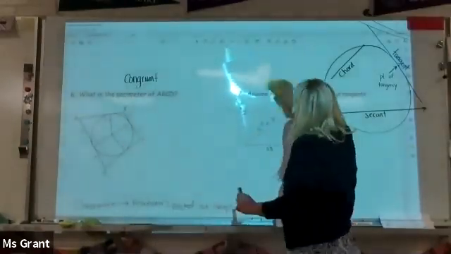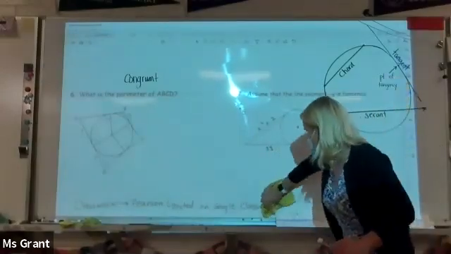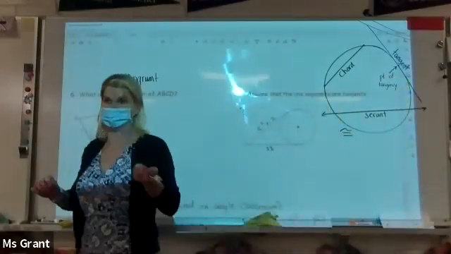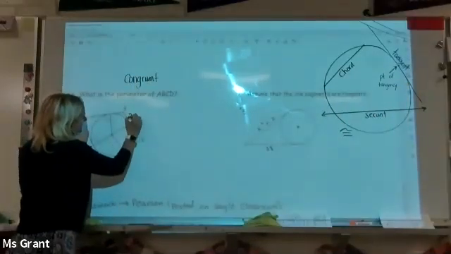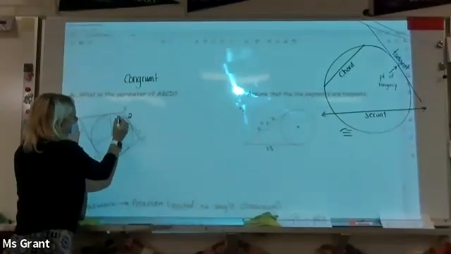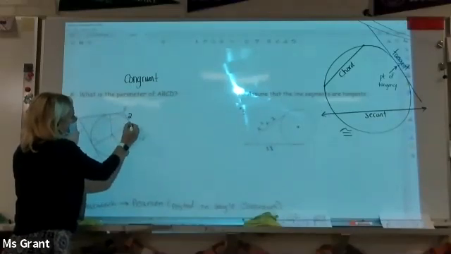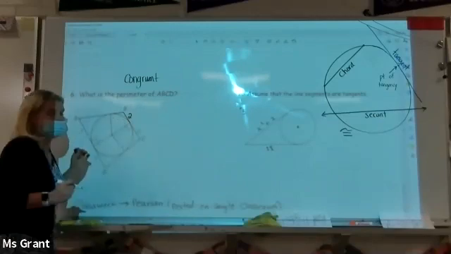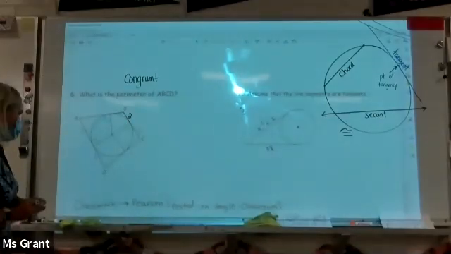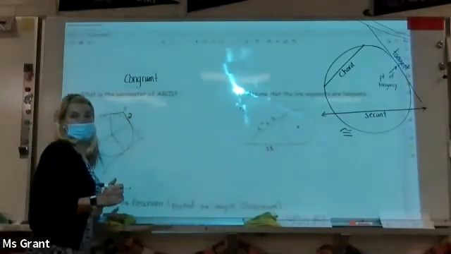These tangent lines have some measures. I have 2 here. So what is this one right here? These are easy, guys. Everybody with me?